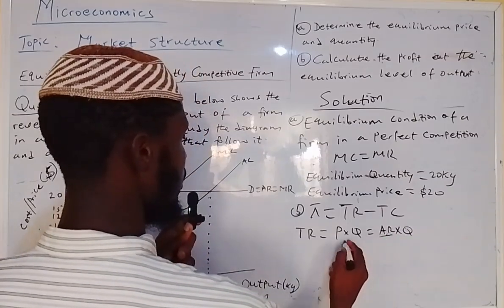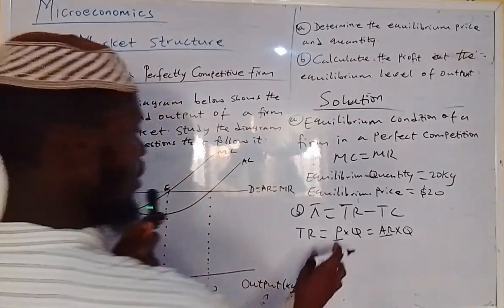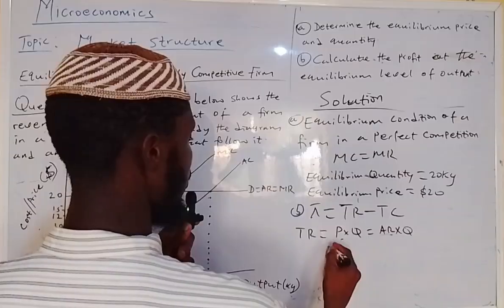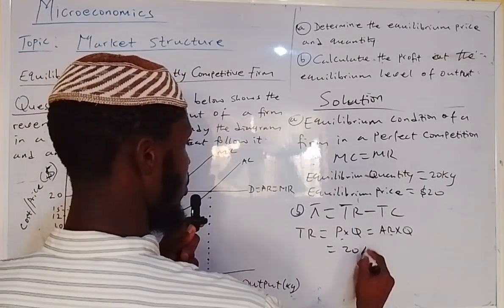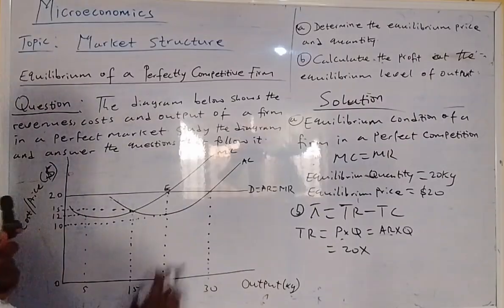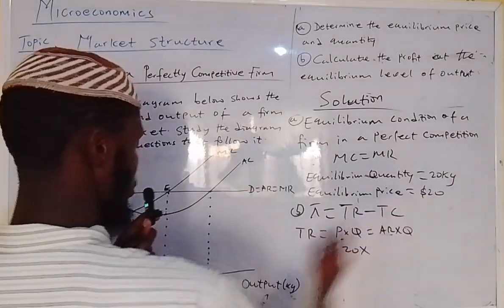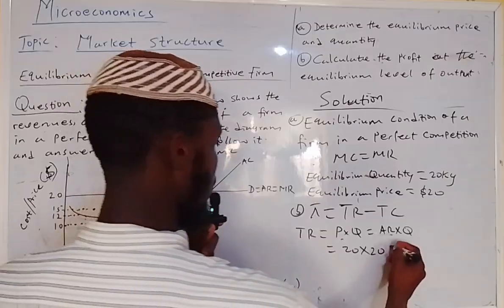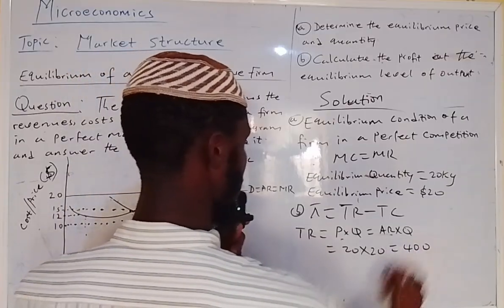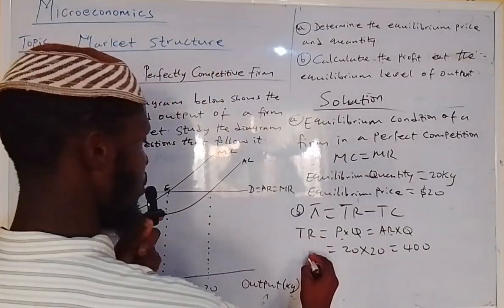Because average revenue is the same thing as price. What is the price in the equilibrium? Our price is $20 multiplied by the quantity in equilibrium, which is 20 kg. So I'm going to write 20. Okay, so what is the answer? I have 400.